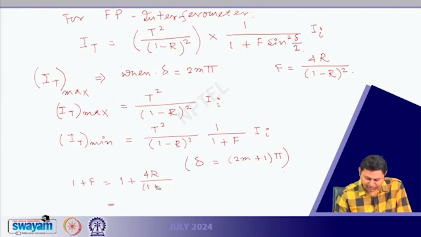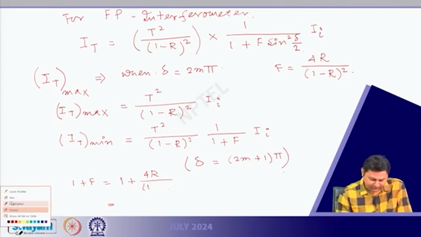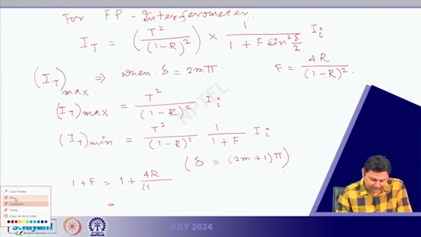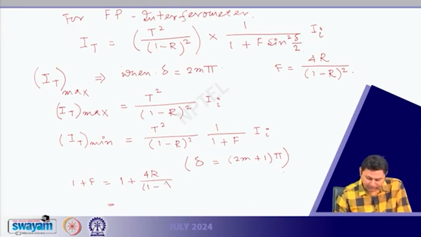Let me erase this expression here. The expression simply becomes 1 plus R whole square divided by 1 minus R whole square. This is 1 plus F.